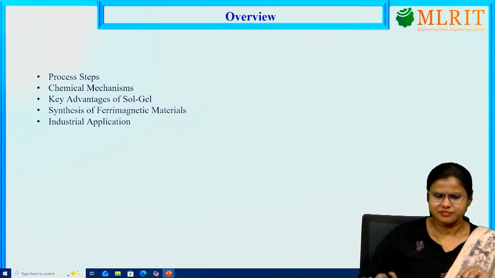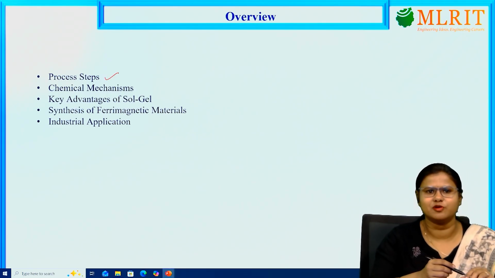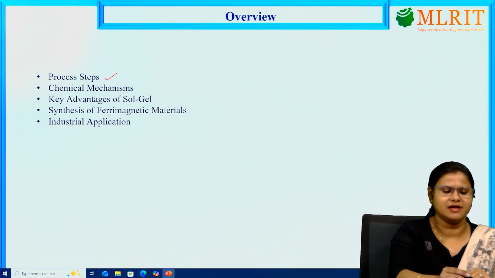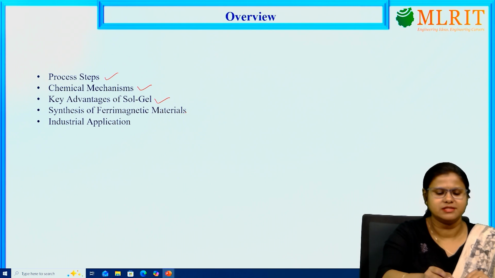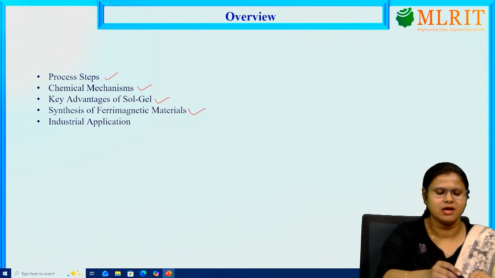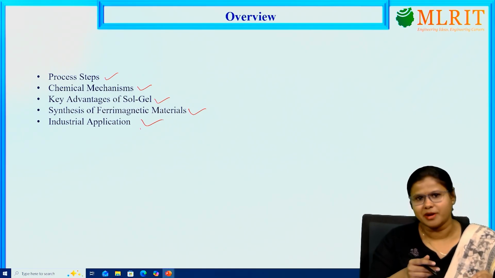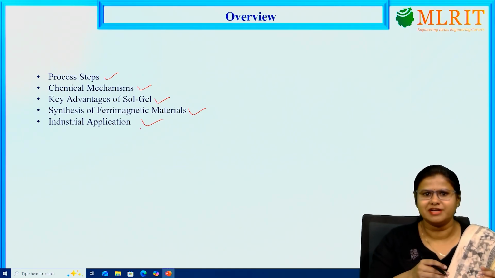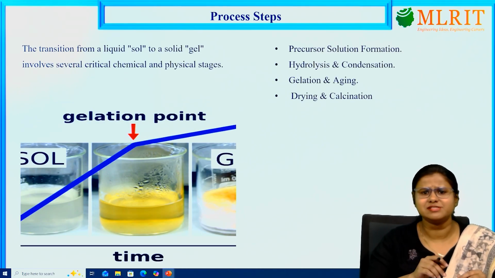In this lecture, I will go through the steps followed in this sol gel method, the chemical mechanism of this process, the key advantages of this method, the synthesis of ferrimagnetic materials using sol gel method, and then some industrial applications of the nanomaterials which we are fabricating by using this method.